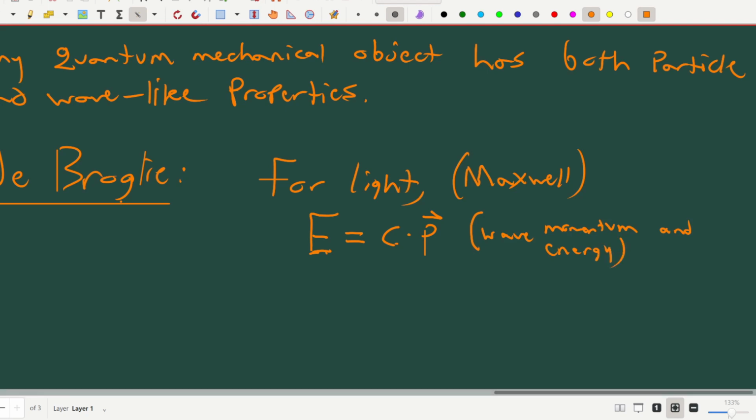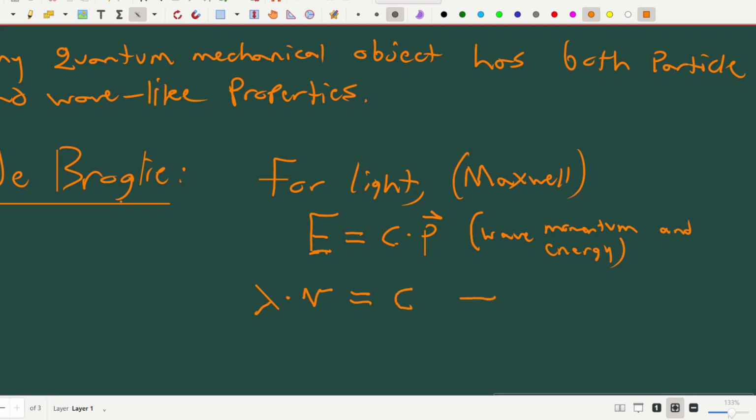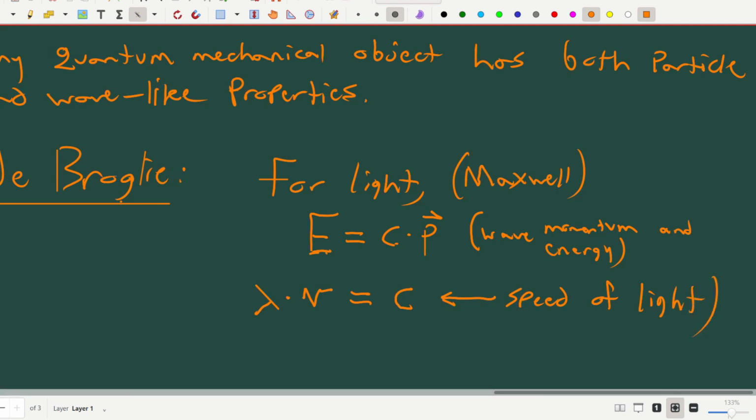But there's another relationship that helps us compare momentum for light, by the fact that the wavelength of the light times the frequency of any wave is equal to the speed at which it propagates. And of course, for light, that light only propagates at one speed. It's the speed of light, c. Okay? So this is always true.